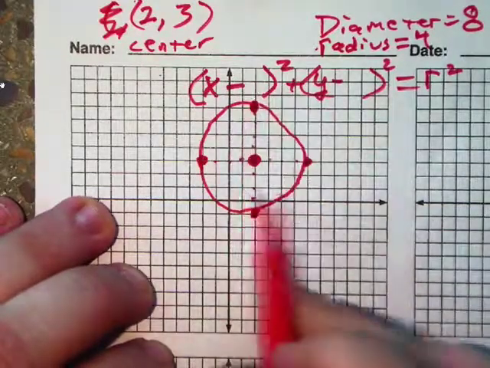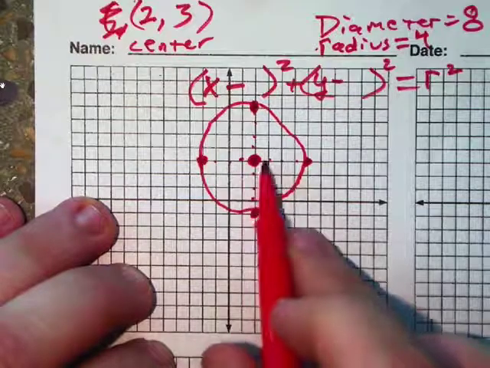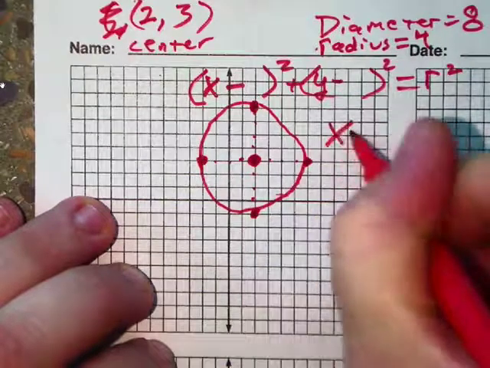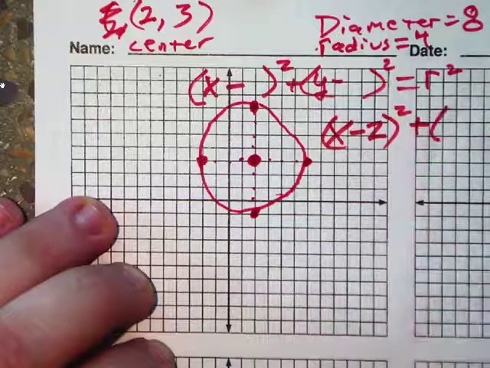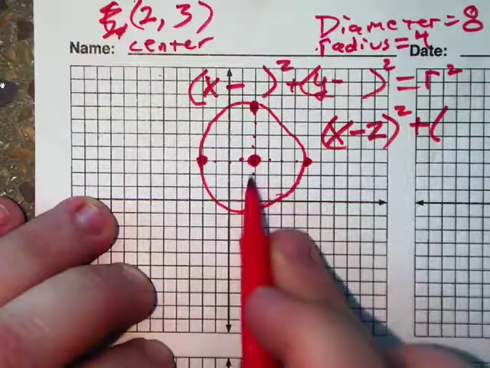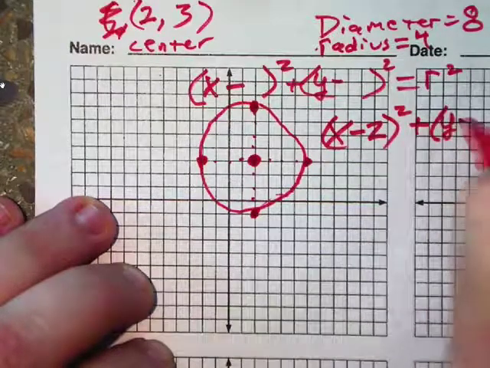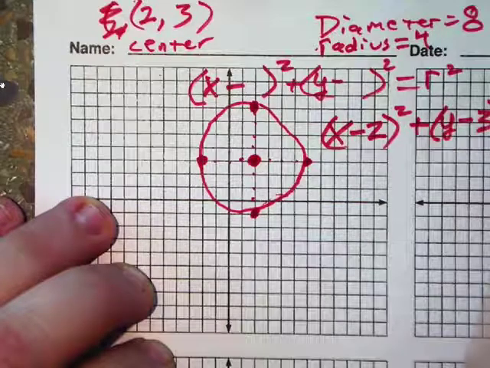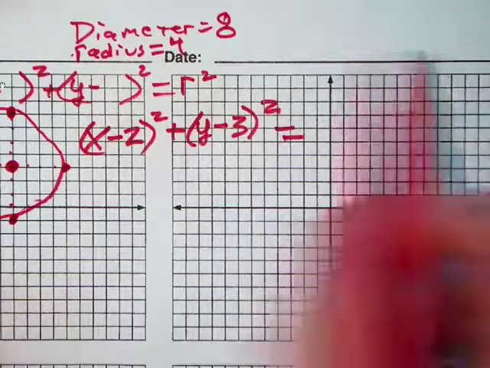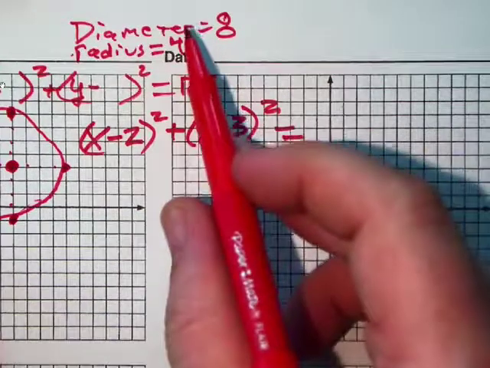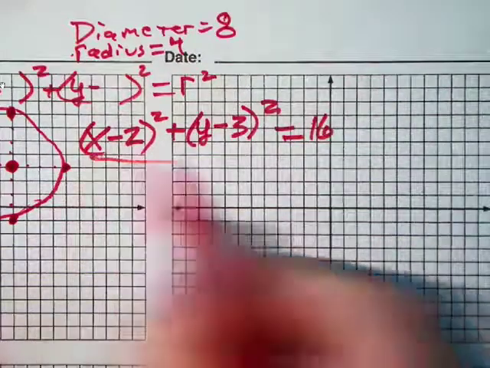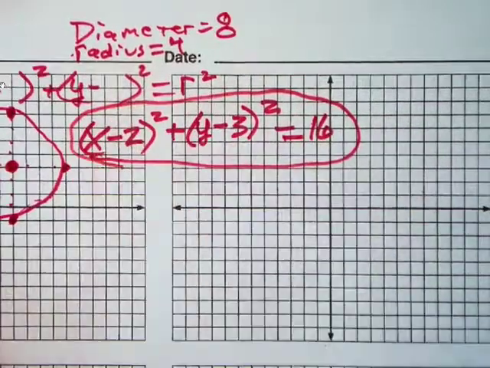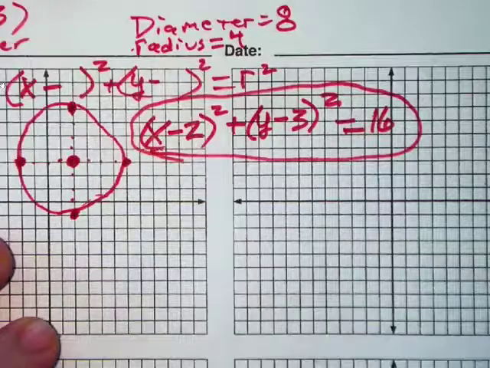Our x value is 2, so x minus 2 squared plus, what is our y value? Our y value is 3. Y minus 3 squared equals our radius squared. Our radius is 4, and 4 squared is 16. So there's the equation for that circle.